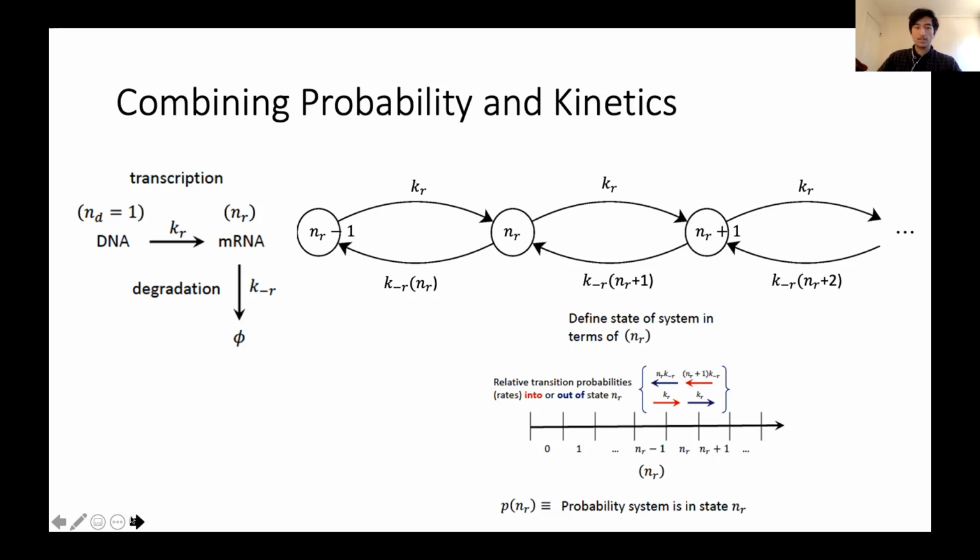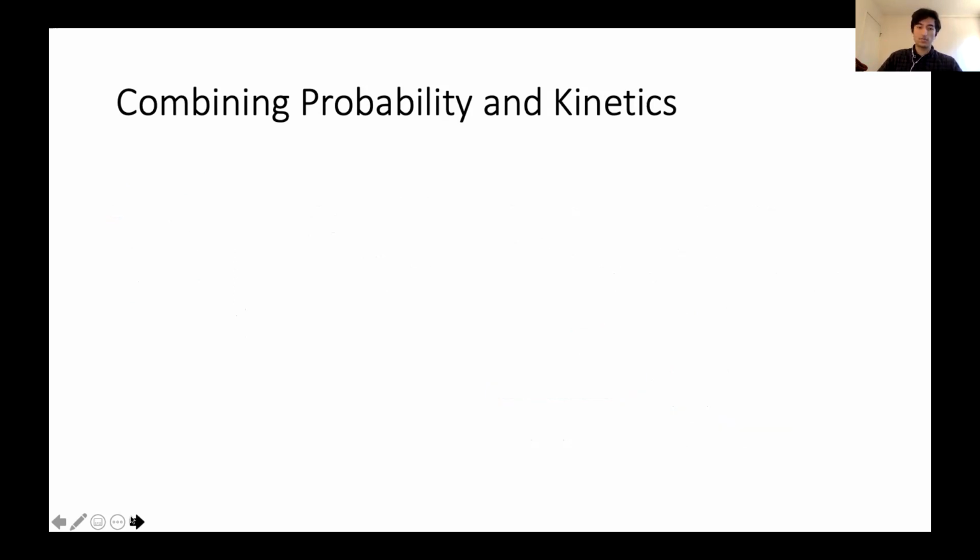And so now let's actually compute that probability distribution. And so we make, again, another assumption about steady state, which is that the net flow into or out of each state is 0. And so another way that you can think about steady state is that because the inputs are equal to the outputs, you can think of them as pretty much offsetting each other or canceling each other, so that essentially the net flow is equal to 0.